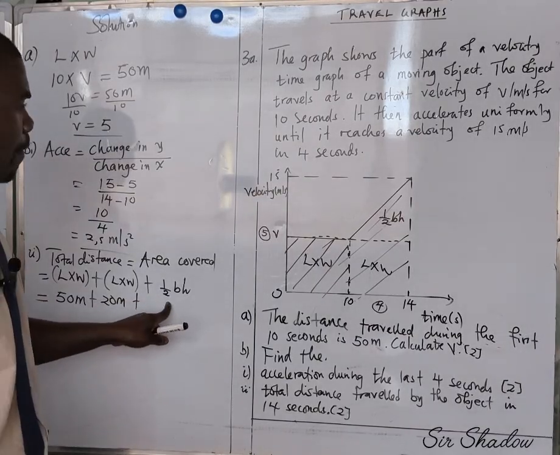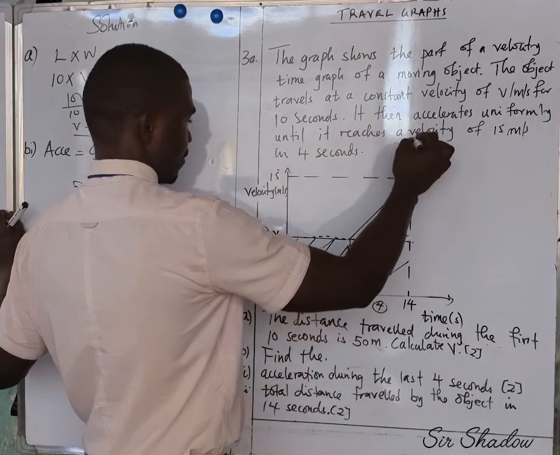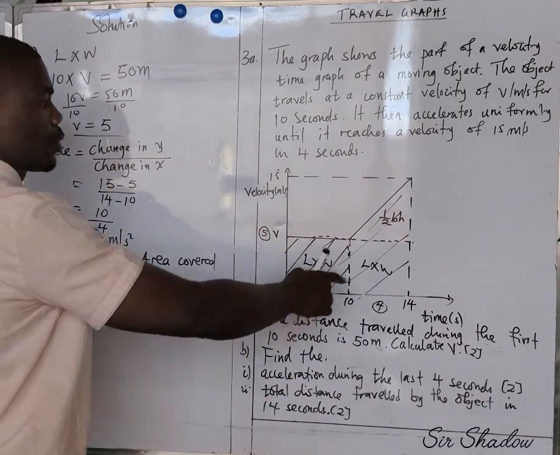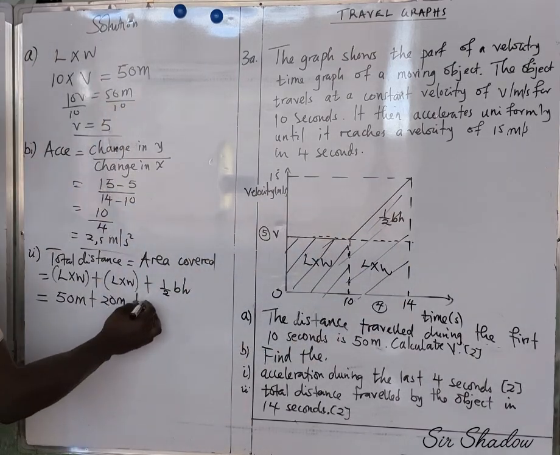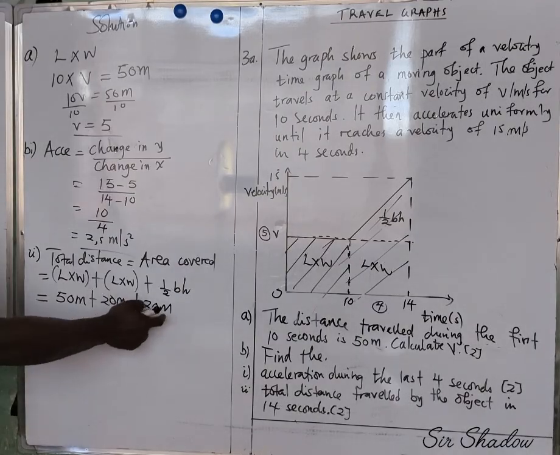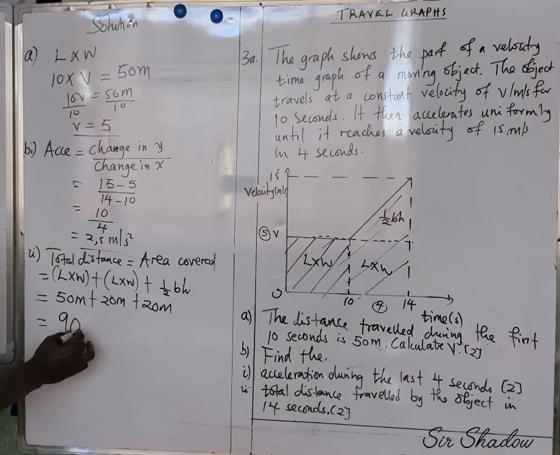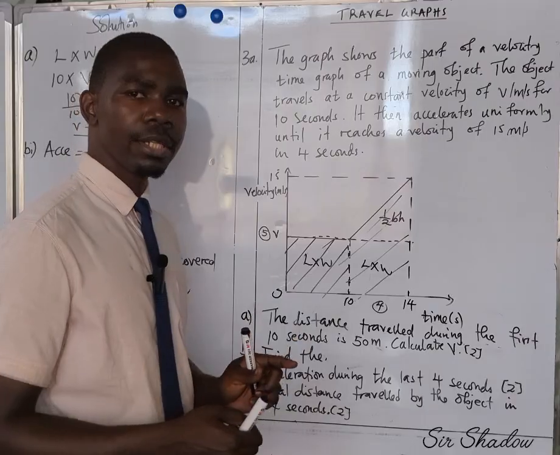Half base, where is the base? Base is 4 here. Here we have 15 minus 5, we have 10 here. So half of 10 is 5. 5 times 4, we also have 20 meters. This becomes 20 plus 20, you get 40 plus 50, you get 90 meters. That's the total distance traveled by the object in 14 seconds.